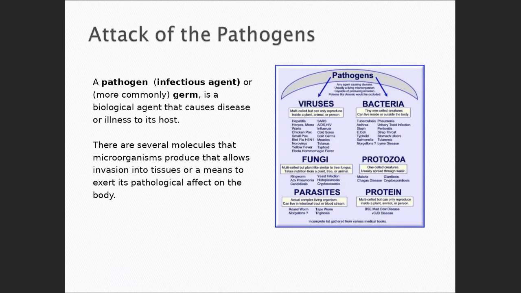Okay. When we think about the organism, we're really talking about what are the molecules that allow these organisms to have a competitive edge once they get in us? And we call those things virulence factors.